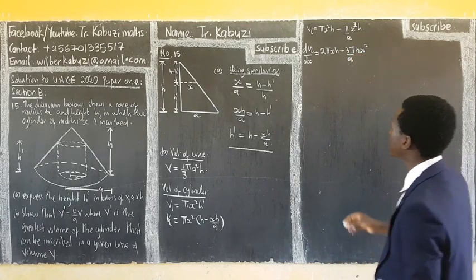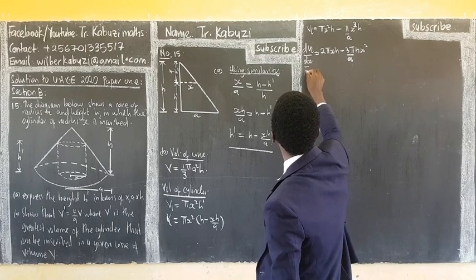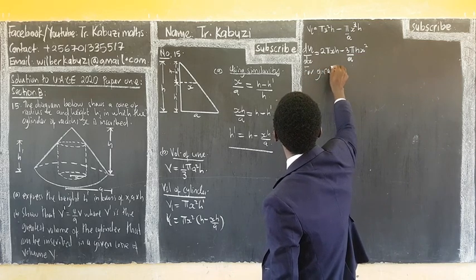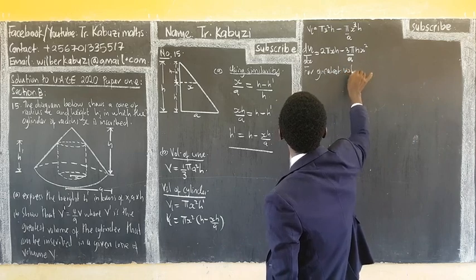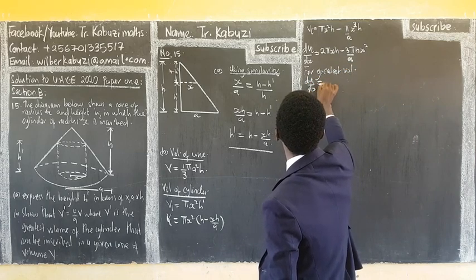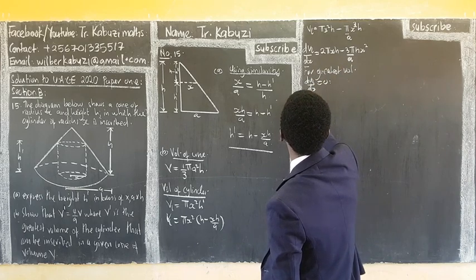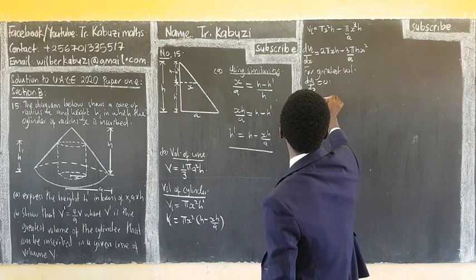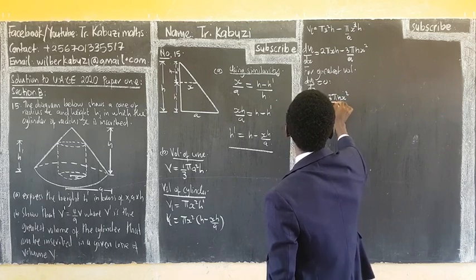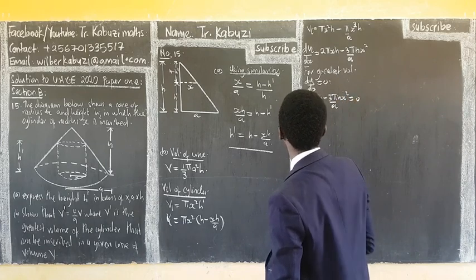Now for greatest volume, we know that dVL/dx is equal to 0. This implies that 2 pi x h minus 3 pi h x squared, all over a, is equal to 0.